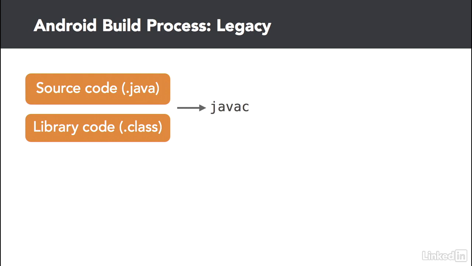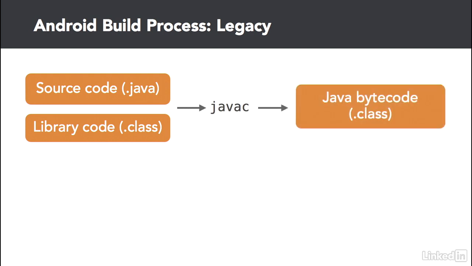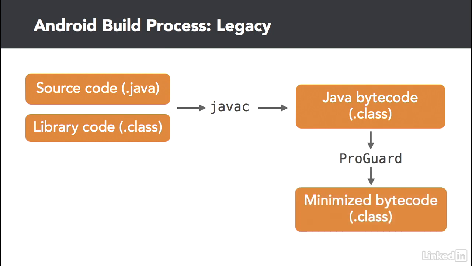These are processed through the standard javac compiler, which turns these files into class files, Java bytecode. From there, optionally, you can transform those classes using a tool called ProGuard. The ProGuard tool minimizes and obfuscates the bytecode so that it's harder to decompile and is smaller. After ProGuard does its thing, you still have .class files, but they'll be smaller than the original files.